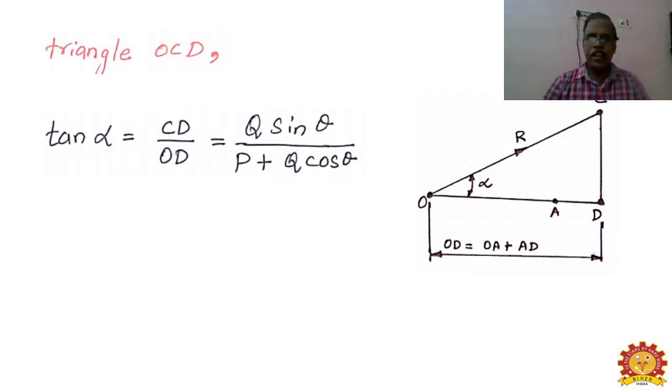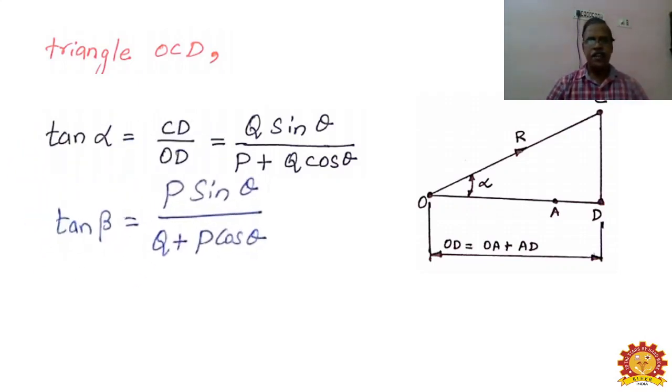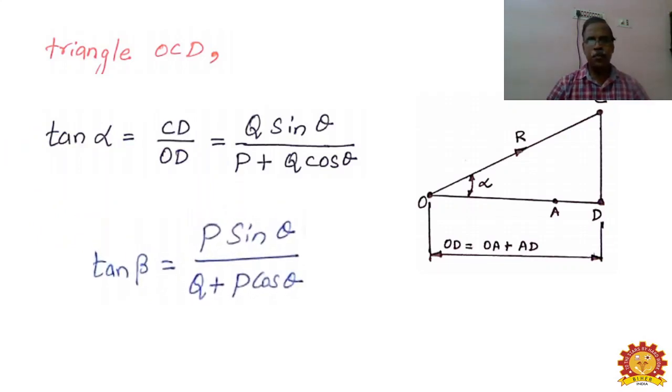So you can get the solution as Q sin theta divided by P plus Q cos theta. This also you know, by this trigonometric method. And tan beta is equal to P sin theta divided by Q plus P cos theta.